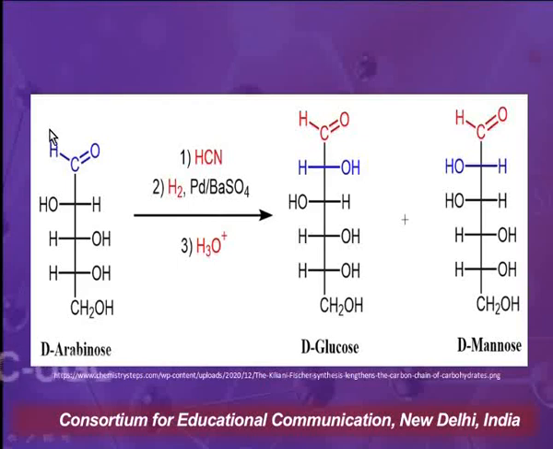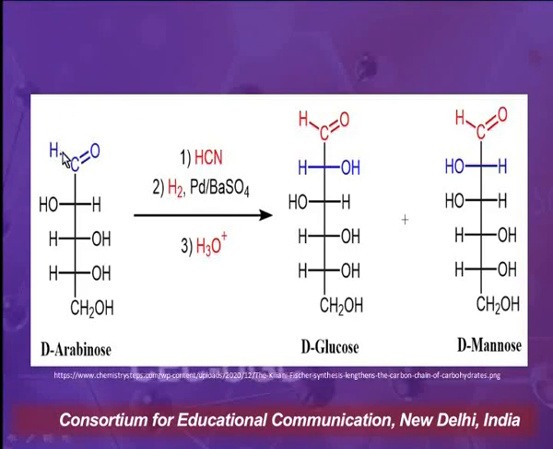You have to remember that when we are doing a step-up reaction, this configuration is retained, this part of the molecule is the same here. In the process, when we are converting this CHO group into this group, we are creating a new chiral center.